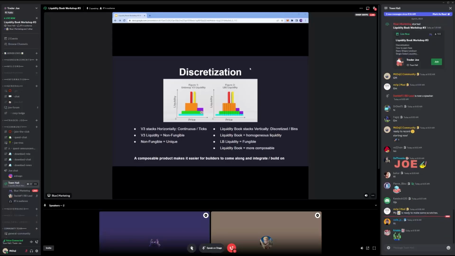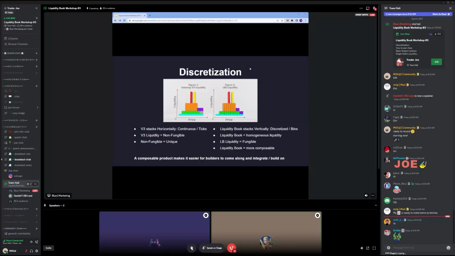Well, this approach of vertical liquidity stacking allows an efficient use of liquidity, in a way that anyone can add, remove, or rebalance their positions without having to touch their entire position.